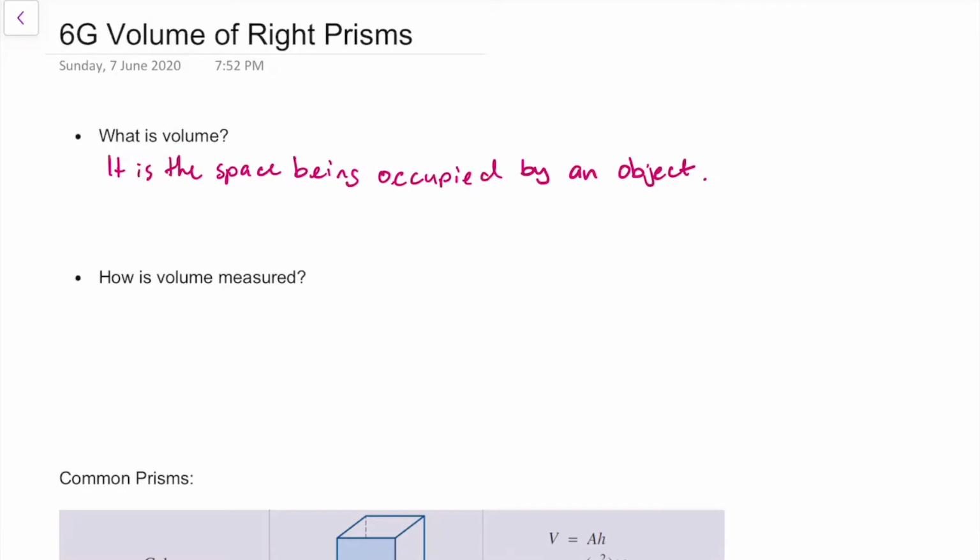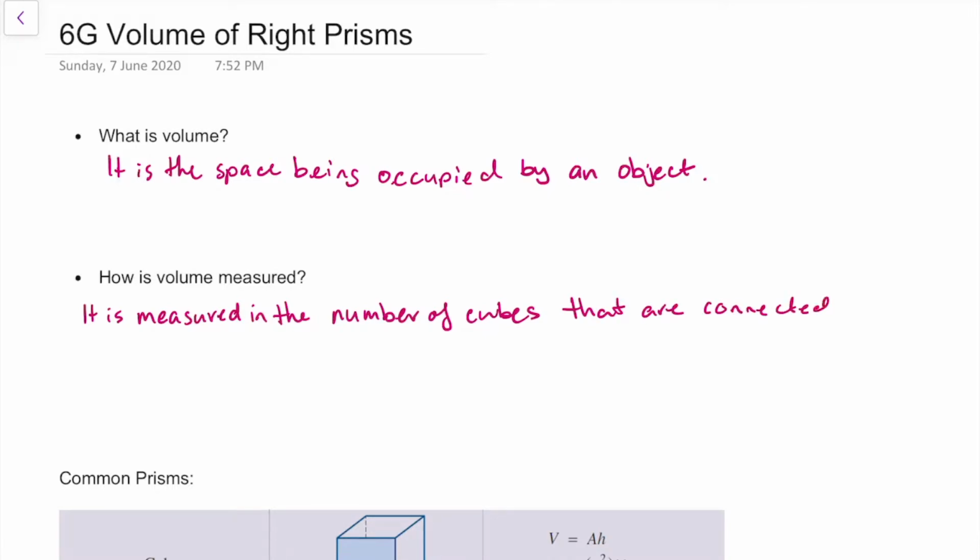Now, how we measure it is in cubes, in the number of cubes that are connected. Okay, and that tends to be what fits inside the shape.